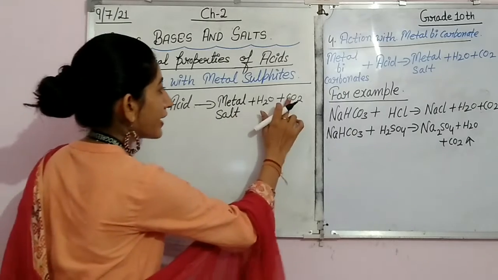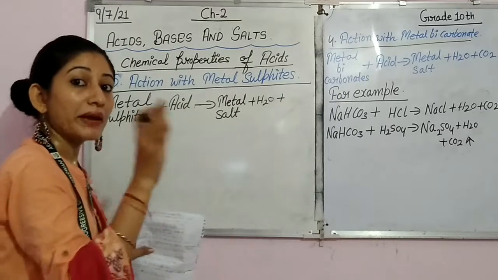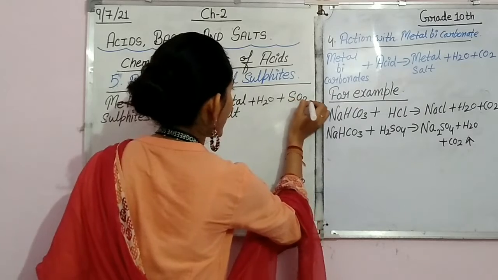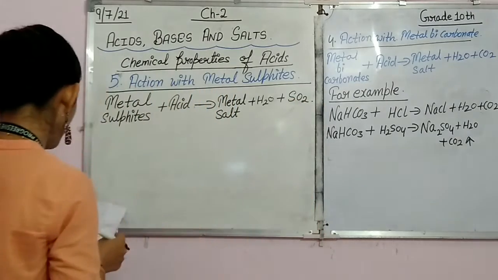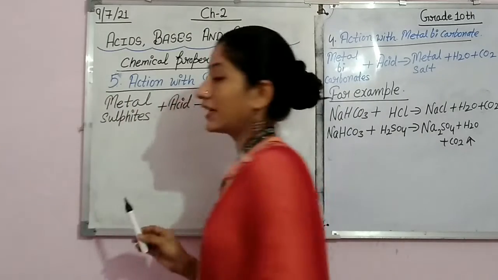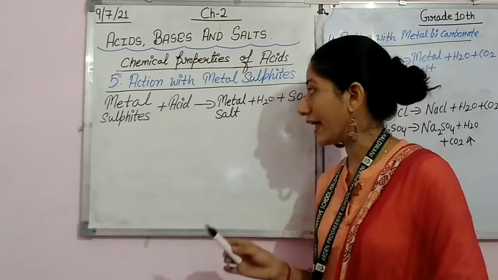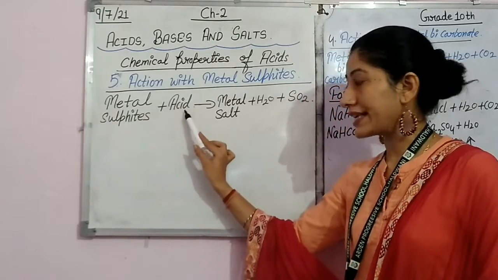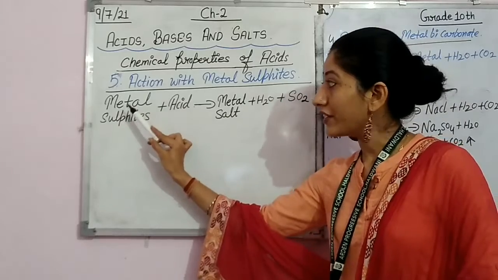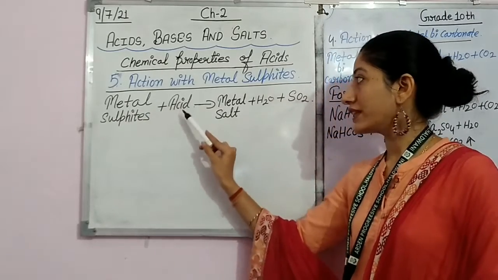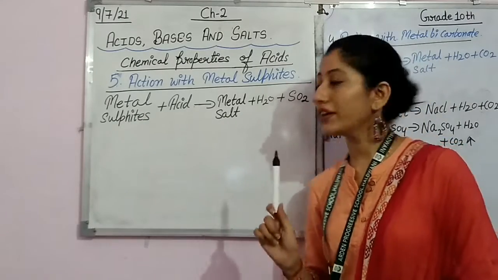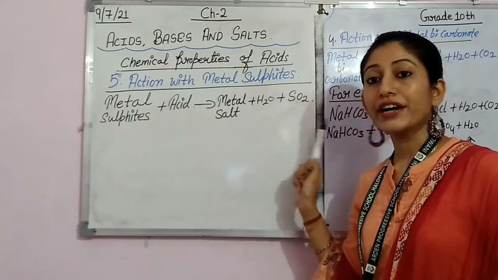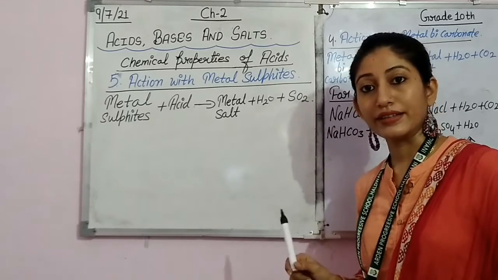Then water will get released, but in place of carbon dioxide, sulfur dioxide gas will be released. So we have seen that when we react metal sulfides with acids, in product we get metal salt, water, and sulfur dioxide gas will be released.